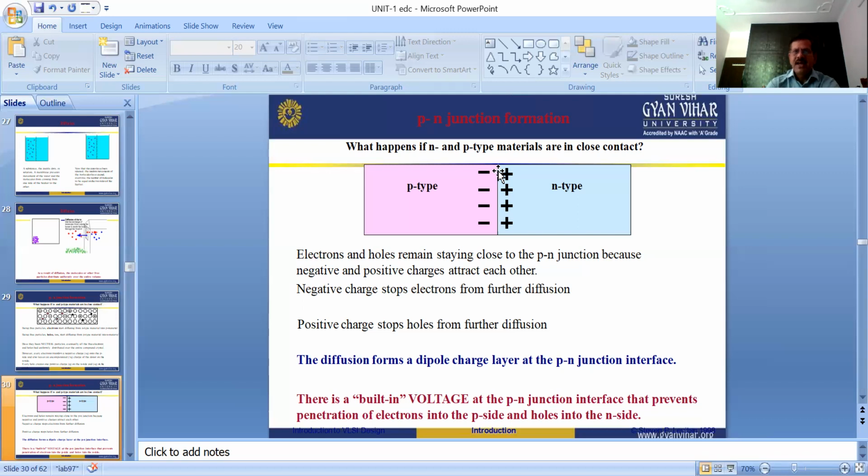In the n side, holes are minority carriers, and in the p side, electrons are the minority carriers and holes are majority carriers, while in the n side electrons are majority carriers.